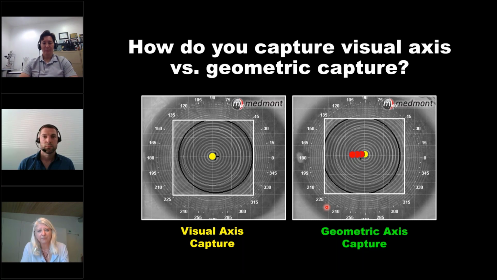But the system and the topographer calculates the image based on a geometric capture. So the topographer thinks that we are doing a geometric capture every time.